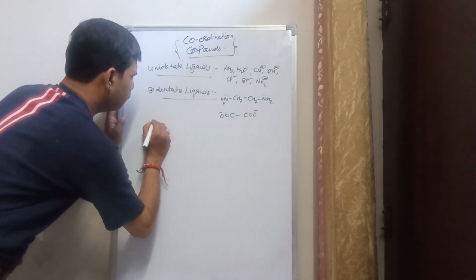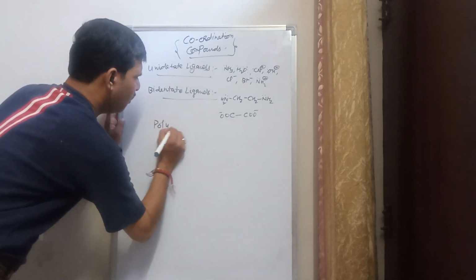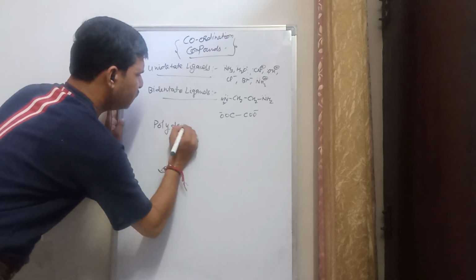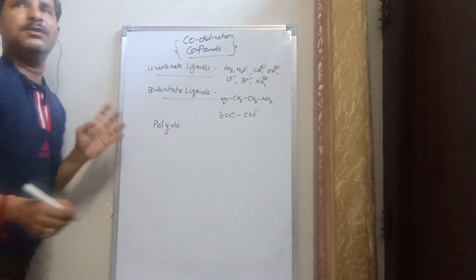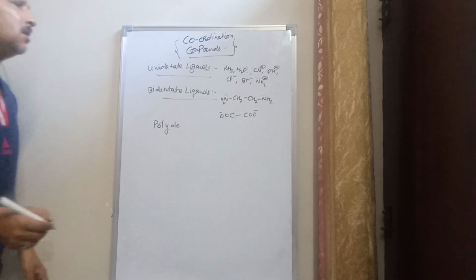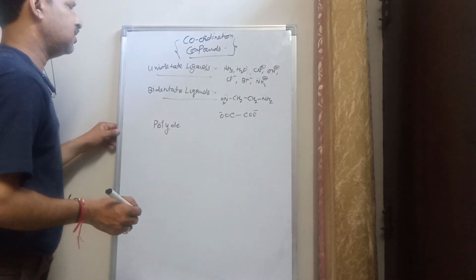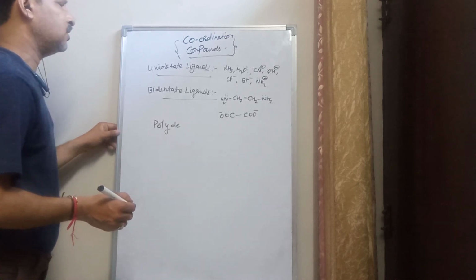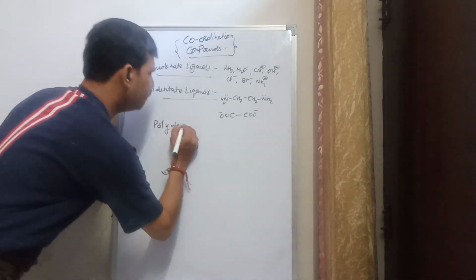Now we are going to study polydentate ligands. Polydentate ligands are those ligands which provide more than two ligating sites to the central metal atom or cation in the coordination sphere.